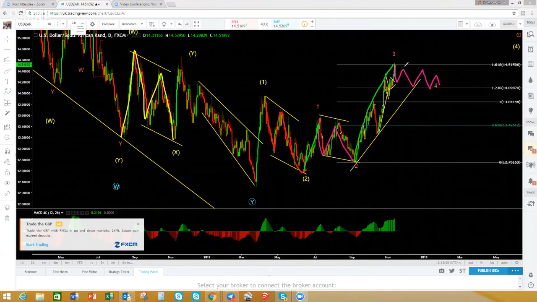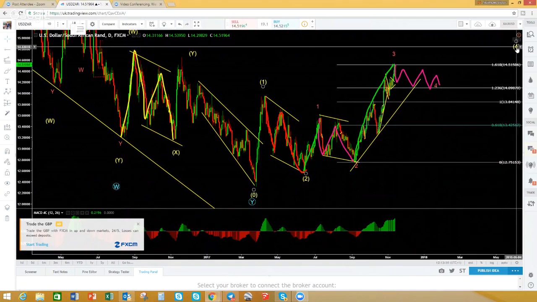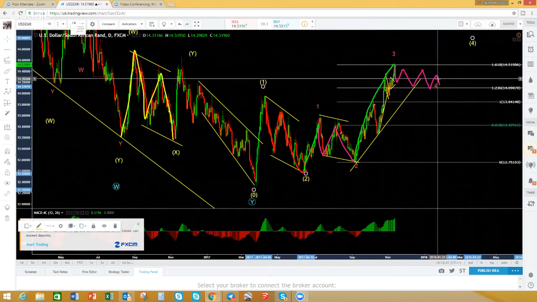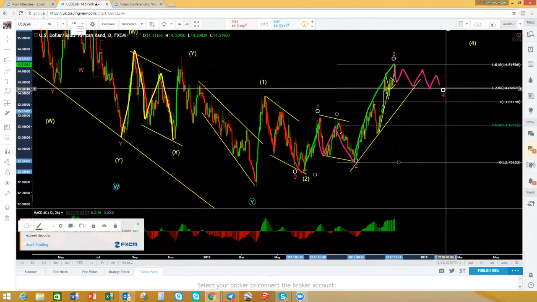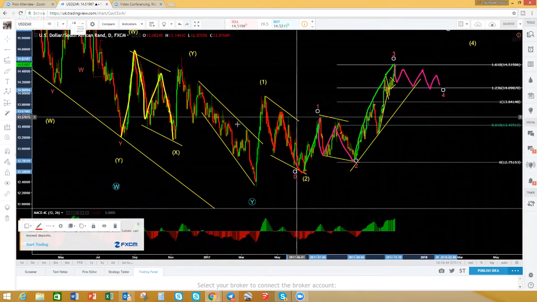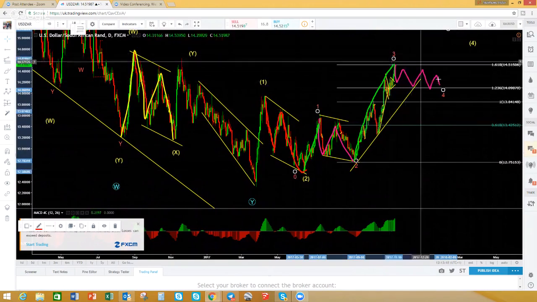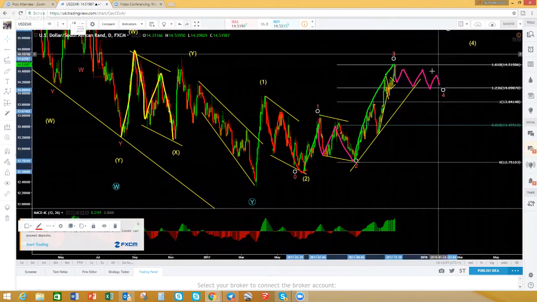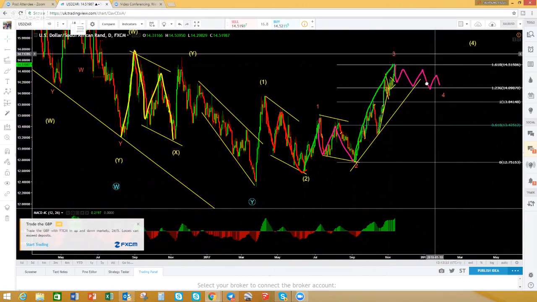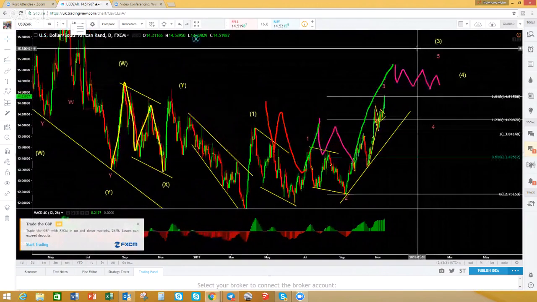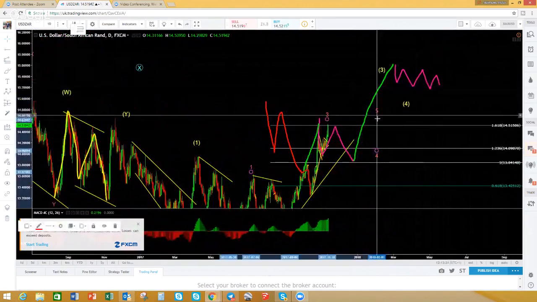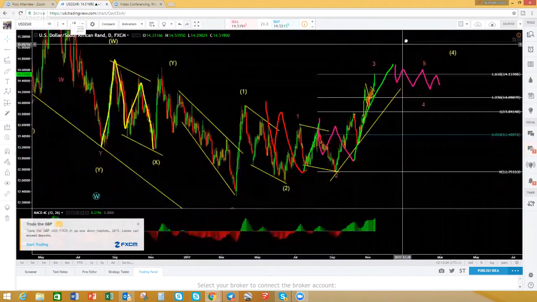Green impulsive move, completing there with 4. We have not even completed there. So I've got 1, 2, 3, 4. We still need a 5. Where's my wave 5? Wave 5 in red. We have not even got a wave 5 in red.